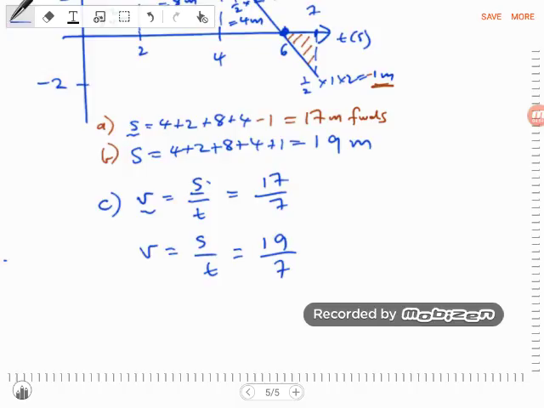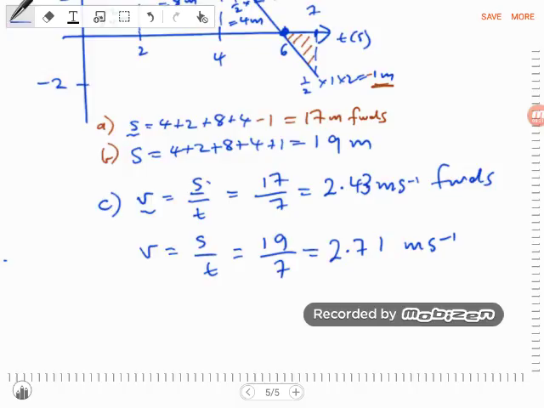What does that give us? 2.43 meters per second forwards, and 2.71 meters per second for speed.